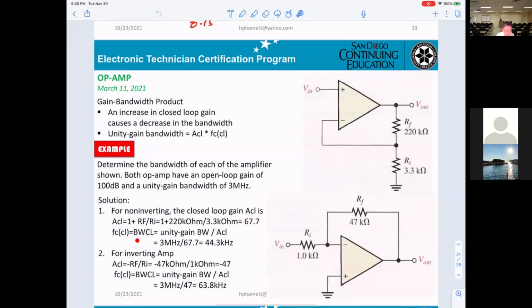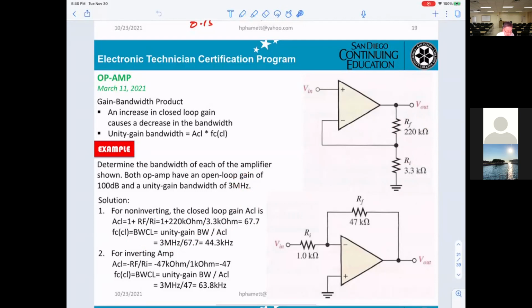FC, that's the bandwidth, equals unity gain bandwidth divided by ACL. Unity gain bandwidth, they gave you 3 megahertz.